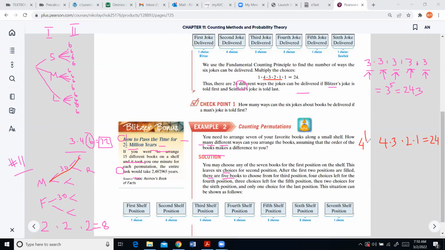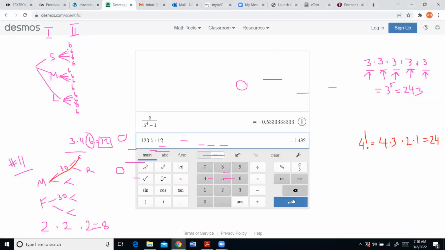You can write it as 4 with this exclamation sign. So it doesn't mean that you need to scream out loud, 4. No, that's not. It's called 4 factorial.